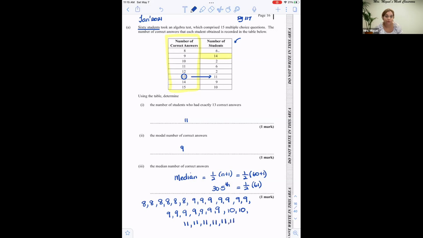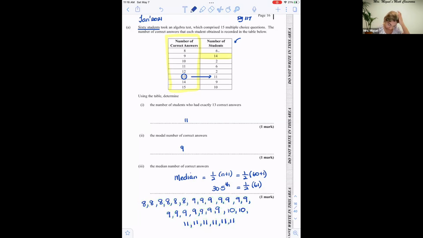So we are looking for the 30.5 value, which is half of 30 plus 31. So let's go. 1, 2, 3, 4, 5, 6, 7, 8, 9, 10, 11, 12, 13, 14, 15, 16, 17, 18, 19, 20, 21, 22, 23, 24, 25, 26, 27, 28.